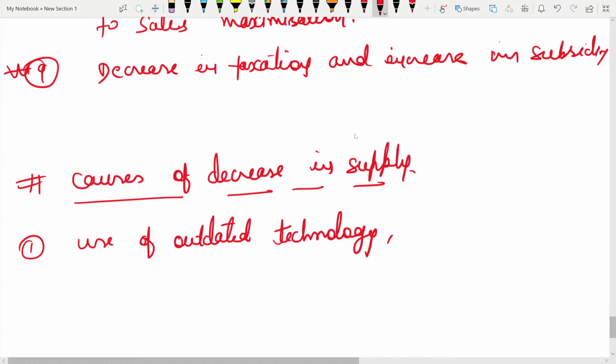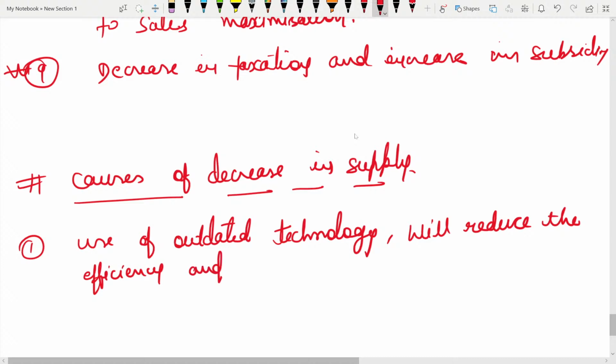This will automatically reduce the efficiency, and due to reduction in efficiency, the cost of production increases.